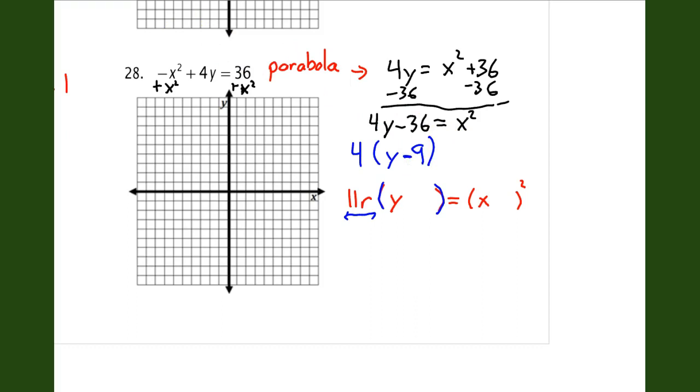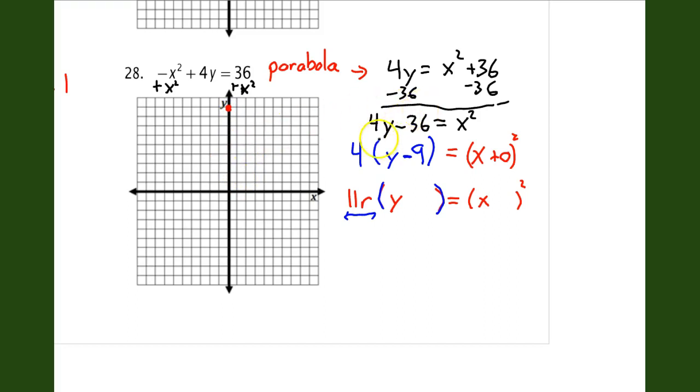And on the right-hand side, we just have x, and there's no number here, so I'm not going to have a plus or a minus, so it's kind of like an x plus 0. We don't need to write the plus 0, but that's just that it's not going to move left or right. So we're only going to move, looks like down or up 9. That's going to move up 9 here.